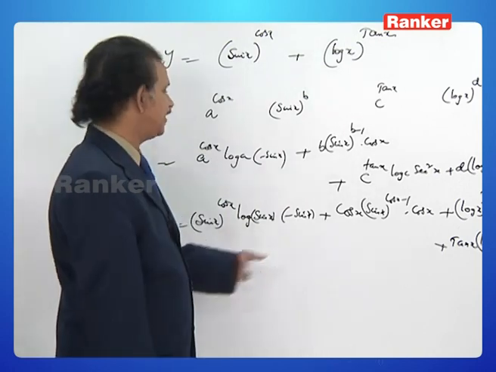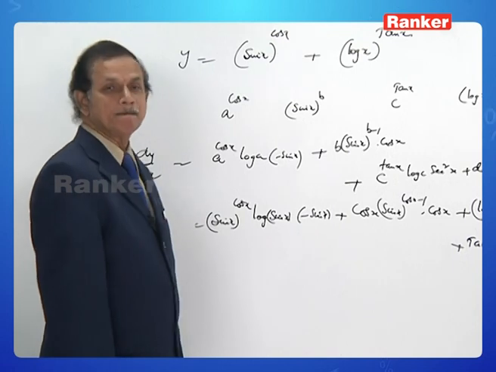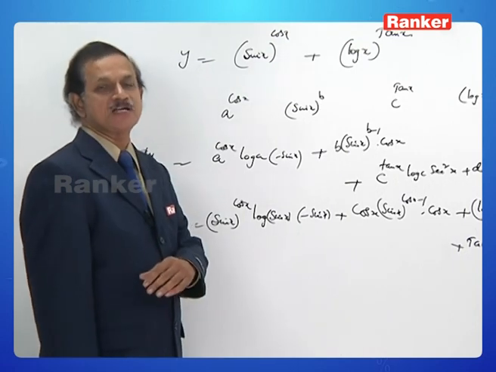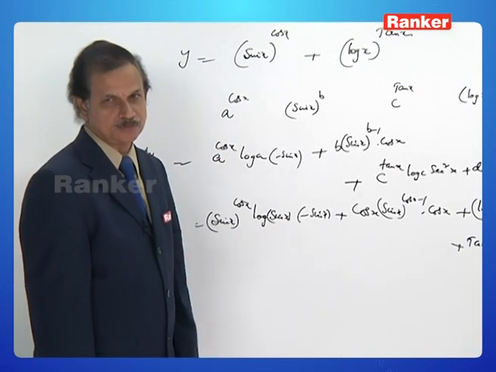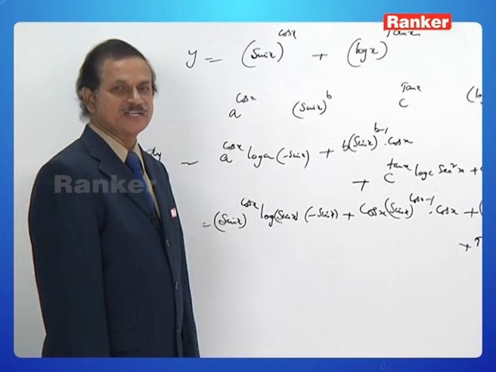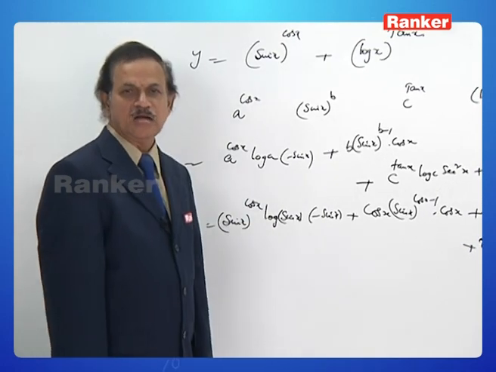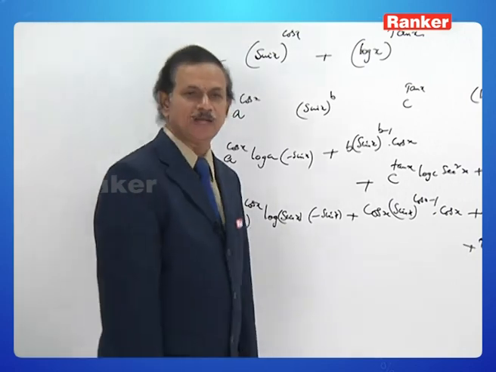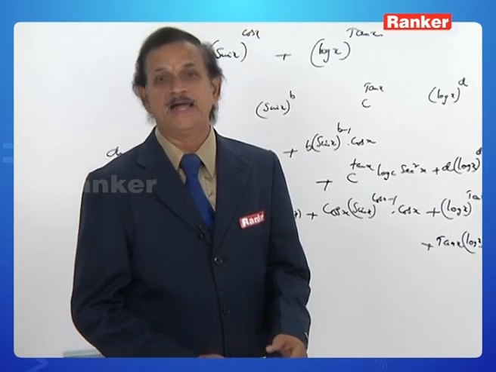This is the way in which the derivative of a sum of two functions which occur as function power another function is found. It is a tedious job, you see. Of course, it can be simplified in this way. This gives you the answer, and according to the options available, you get the answer simplified so as to get the required one.